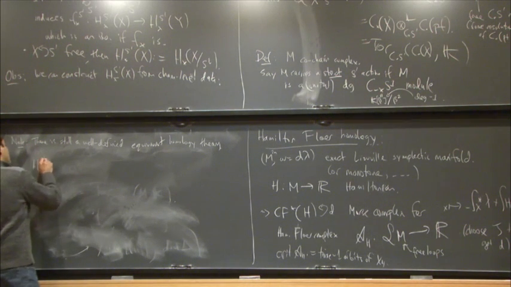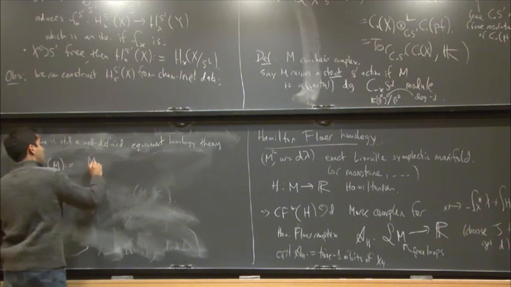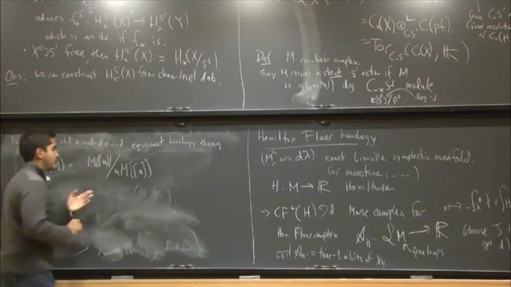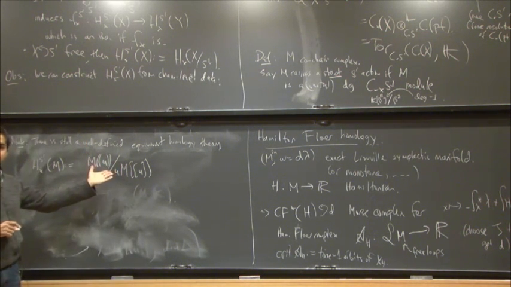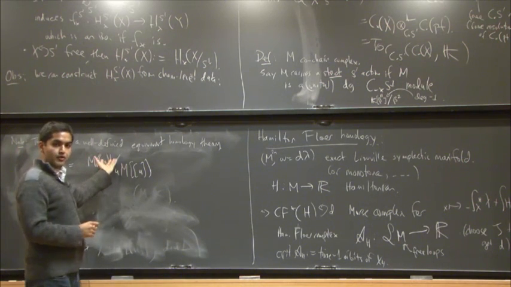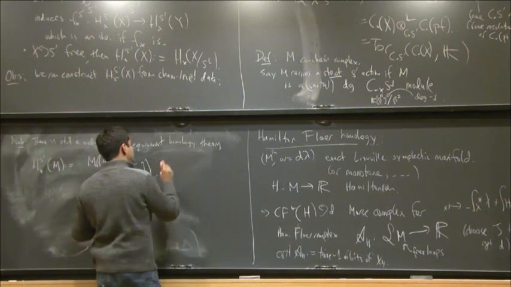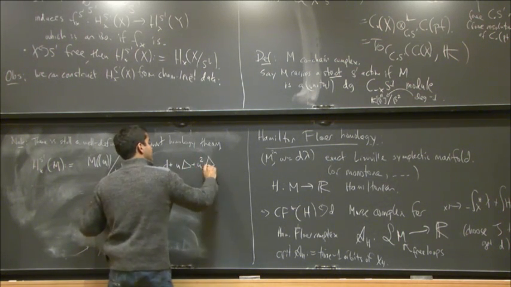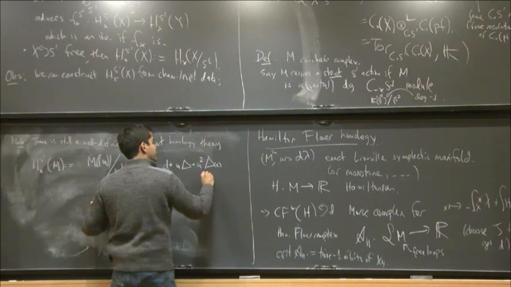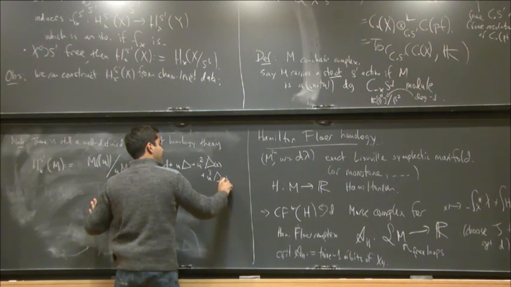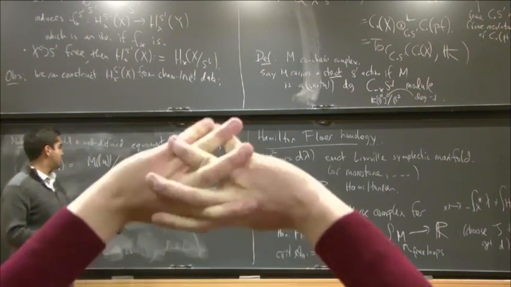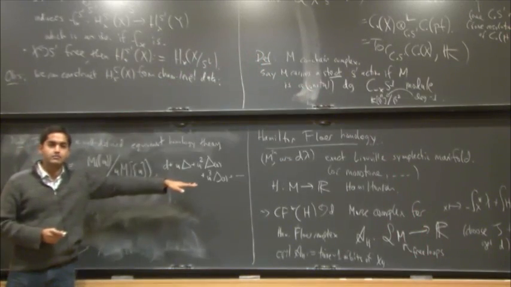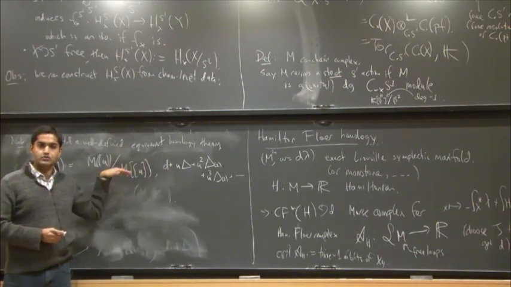The equivariant homology of this complex can be written in much the same explicit way as before. We look at direct sums of copies of M, indexed by this formal variable u with negative coefficients, and the differential equals d plus u delta plus u squared delta 2 plus u cubed delta 3. So this is some infinite series, but on this quotient, this is a finite operator at each point.